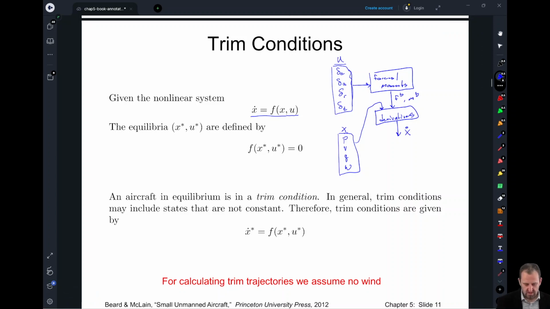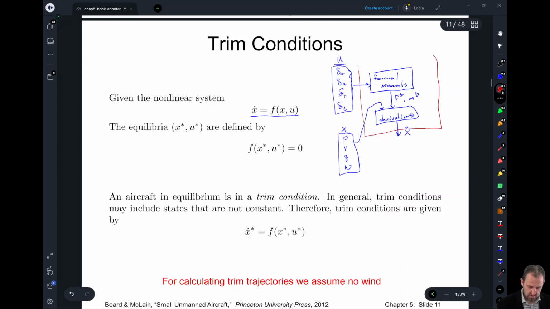Excellent. So the combination of these two things is our f as a function to get out our dynamics, f of x, u, and again that's equal to x dot, or d dt of x.